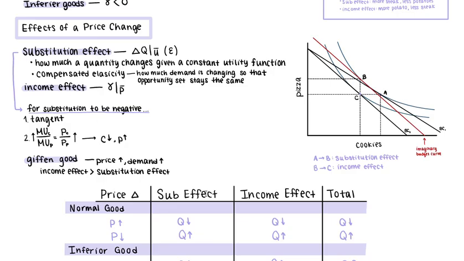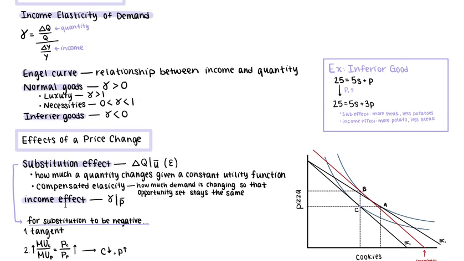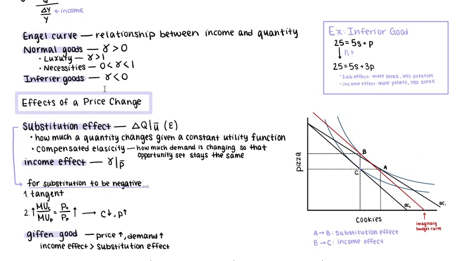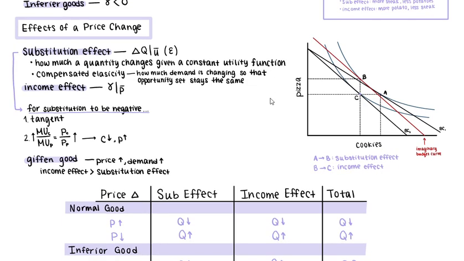And we have the income effect. The income effect depends on whether this good is a normal good or an inferior good. If a normal good, we have more income, we buy more. If it's an inferior good, if we earn more, we buy less.